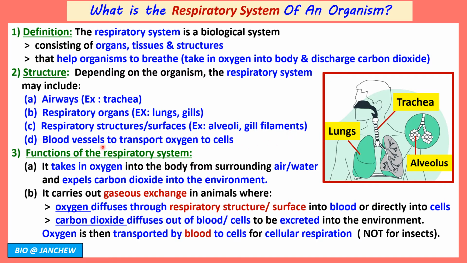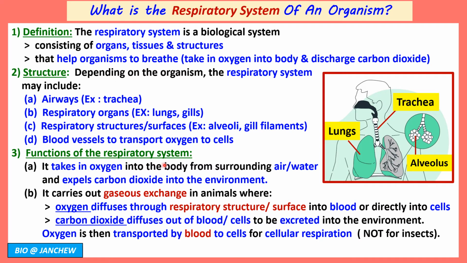Blood vessels are then used to transport oxygen to the cells. After the oxygen has diffused through the respiratory structures, it will go into the blood vessels, and then blood will transport oxygen to the cells. For example, surrounding the alveoli, there are lots of blood vessels to transport oxygen to the cells. But in insects, blood is not involved to transport oxygen. We'll come to that later.